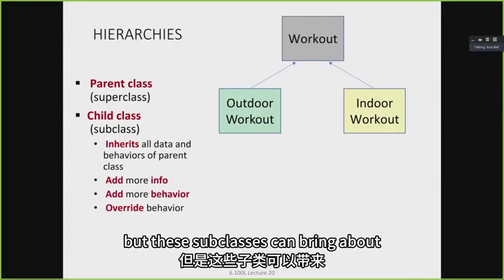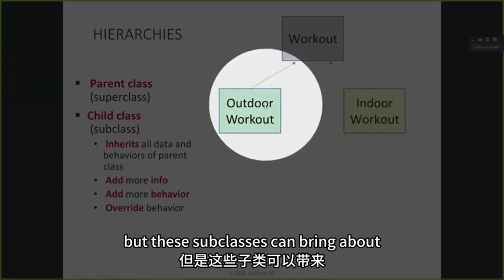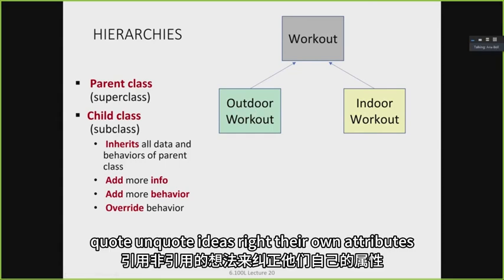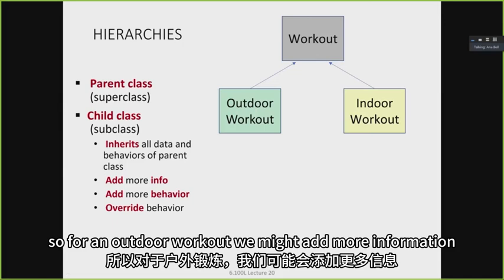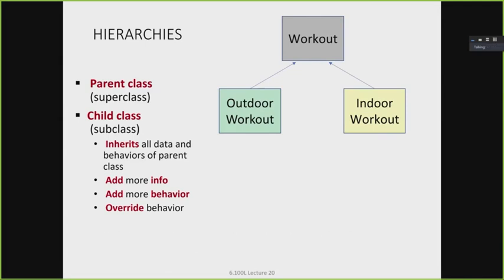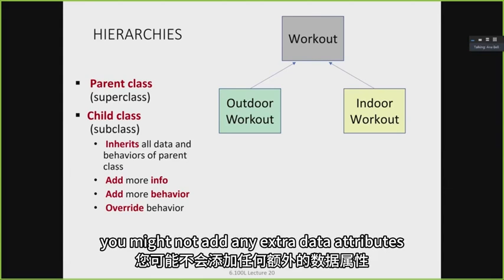But these subclasses can bring about some of their own ideas, their own attributes. So for an outdoor workout, we might add more information, maybe location, something like that. For indoor workout, you might not need a location. You might not add any extra data attributes.